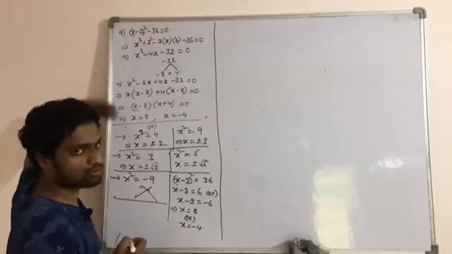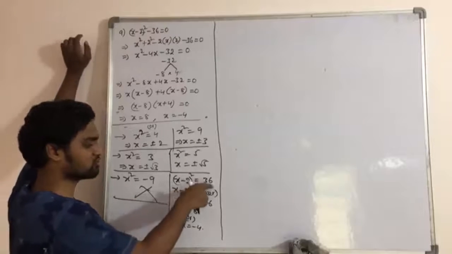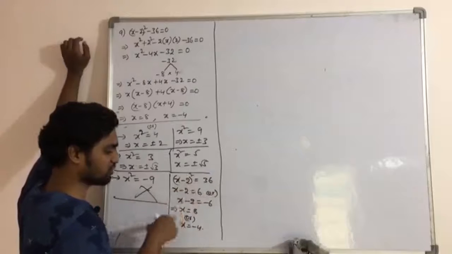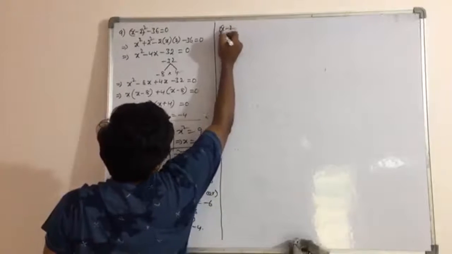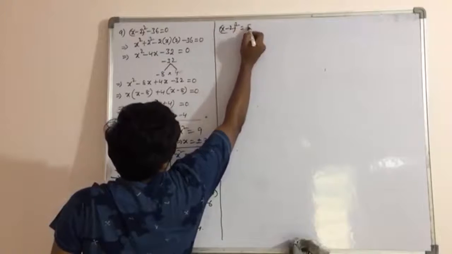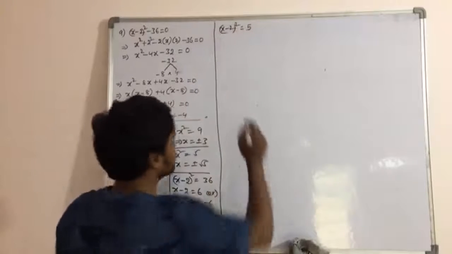Okay, so no need to do all these steps. X minus 2 whole square is equal to 36, x minus 2 is equal to 6 or minus 6. That's it. Now see this. X minus 2 whole square is equal to 5. What are you going to do?